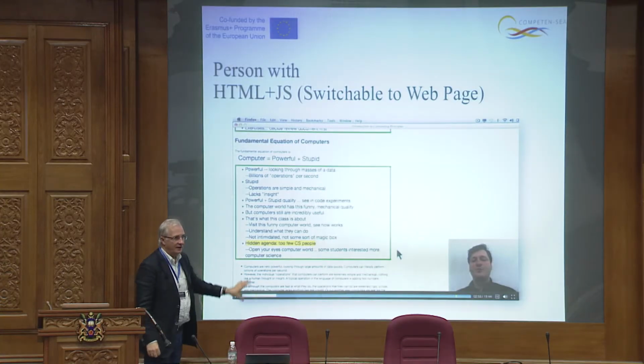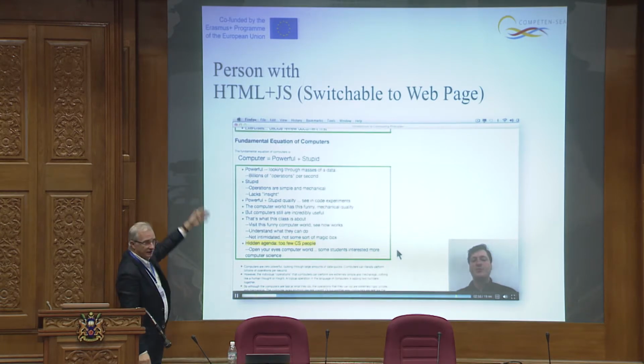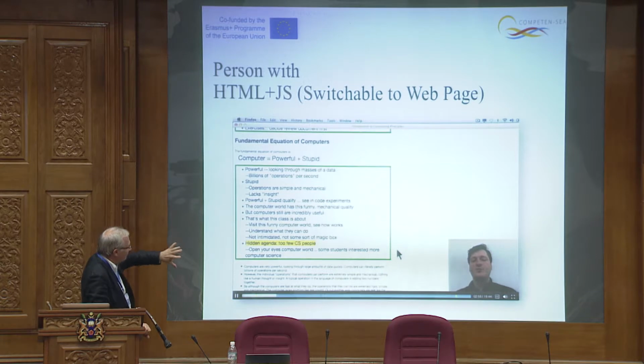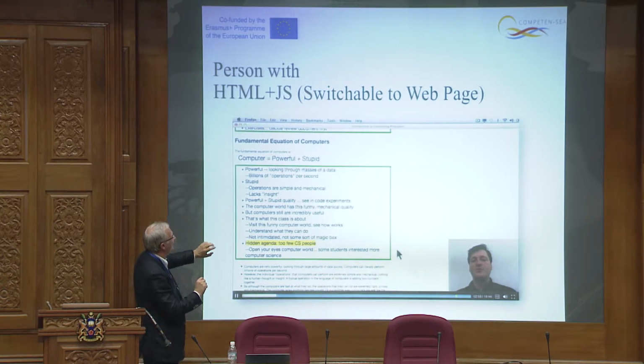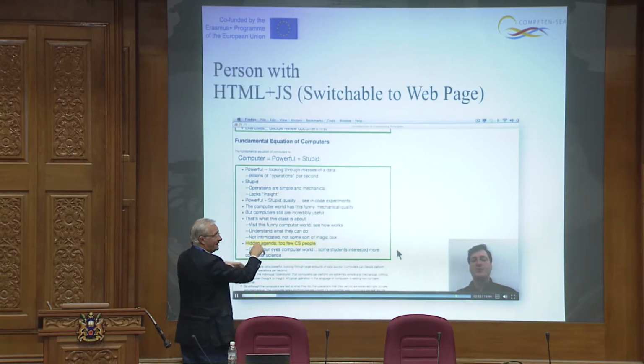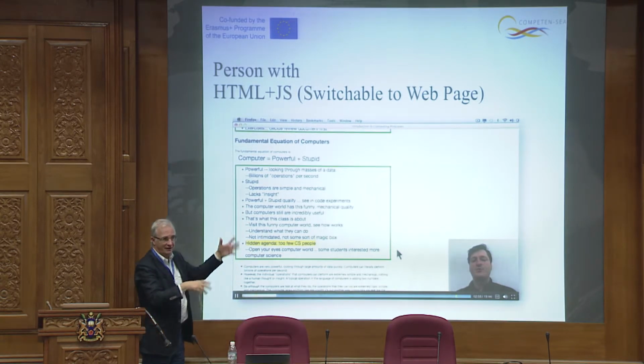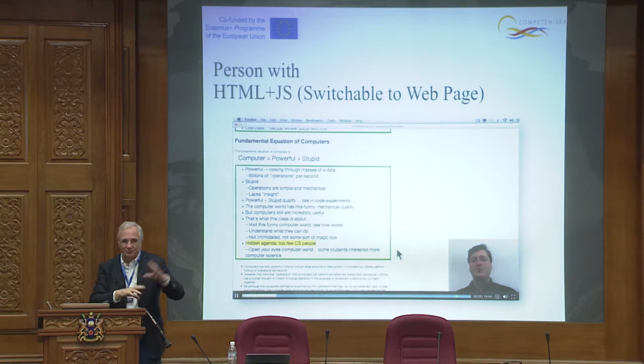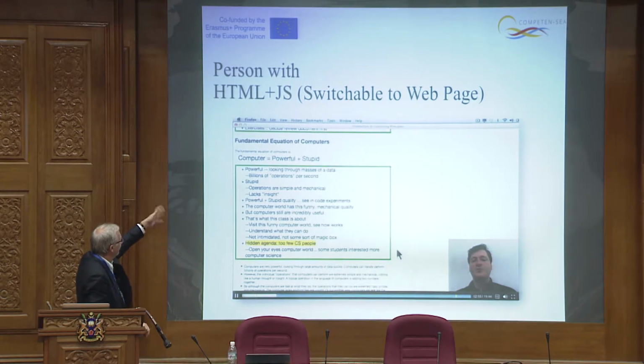But the interesting thing is, he was teaching HTML and JavaScript, and this video was switchable with just one click into a web page, so that you clicked somewhere, this was converted to a web page, and you could make changes and see the result of these changes. In this case, with HTML, you could put some HTML code here and there, and you see the result, and then you could continue with the video.